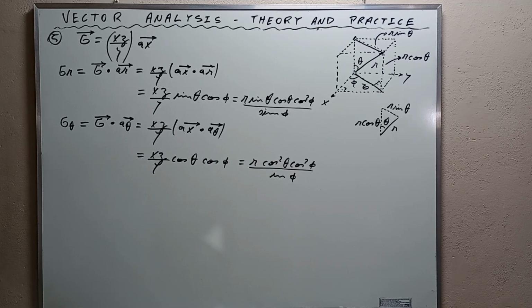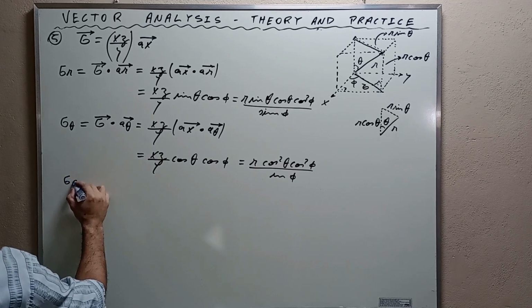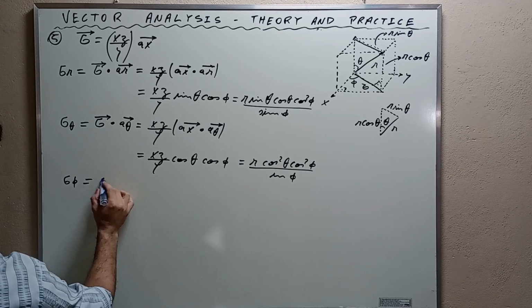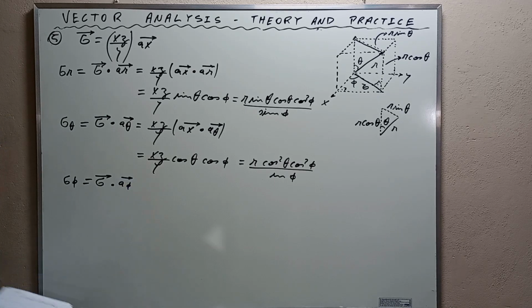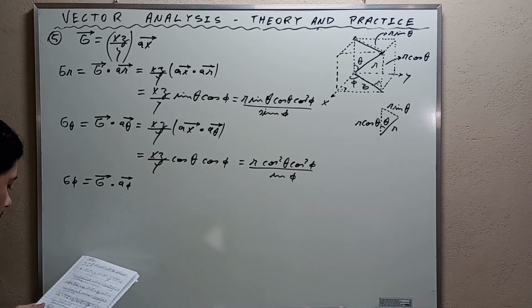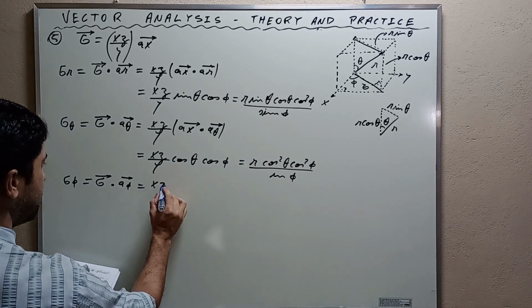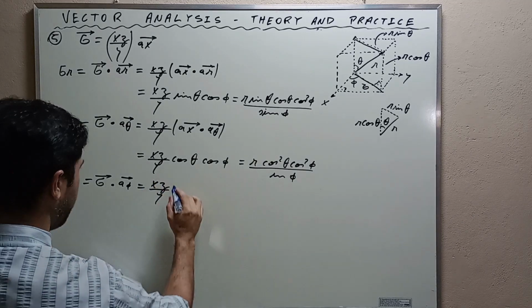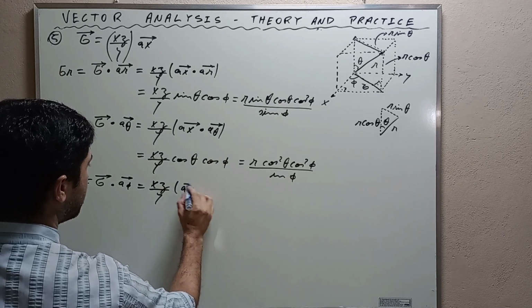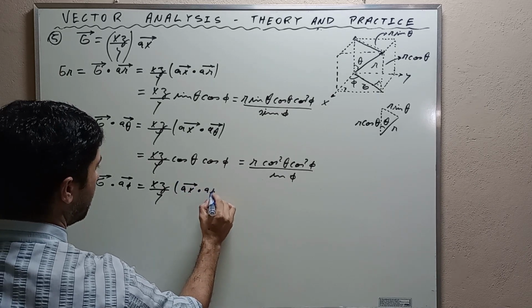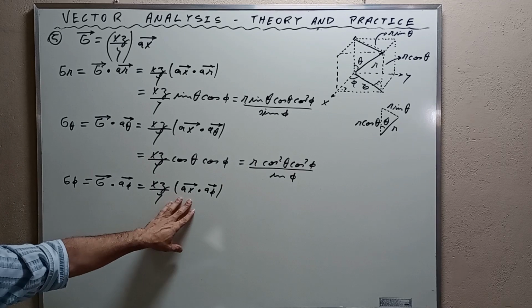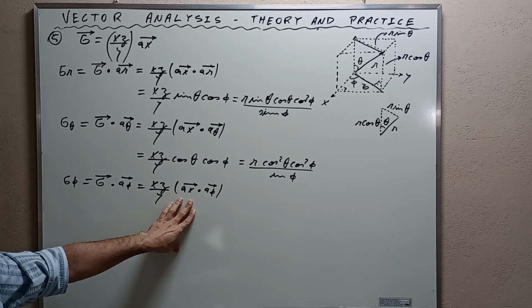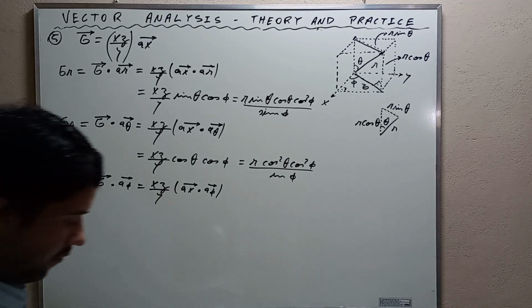And to finish, we are going to find the component of the vector in the phi direction. G phi is equal to G in a dot product with a phi, and this is equal to xz over y, ax a phi, and the dot product of ax with a phi is negative sine phi.